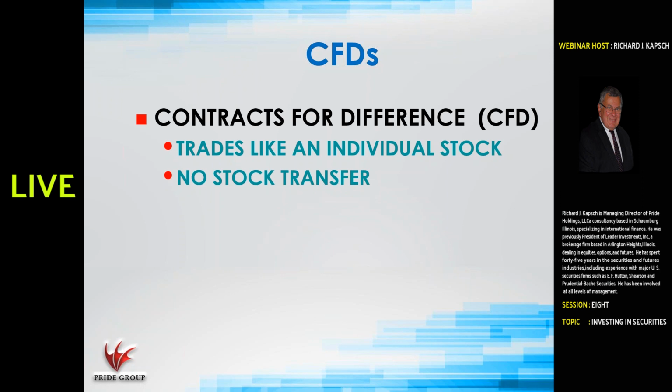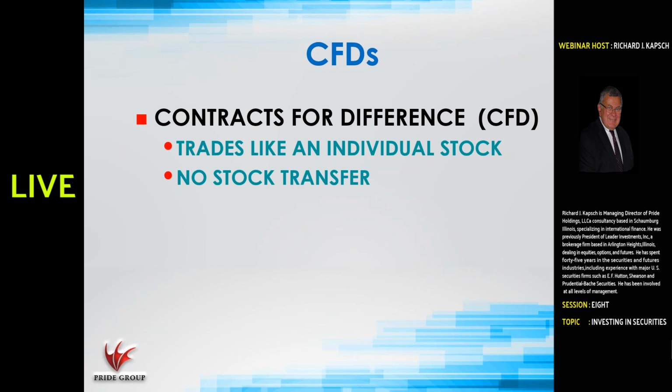But usually the firms that issue contracts for difference are not regular brokerage firms. They're special firms that deal in CFDs, and the margin on these is not handled like regular margin accounts, but rather like currencies or futures, where you put up a small percentage of the total value of the contract.